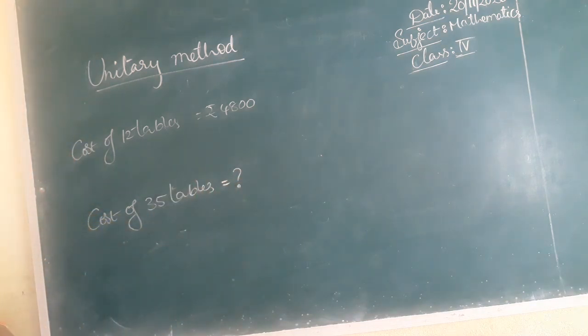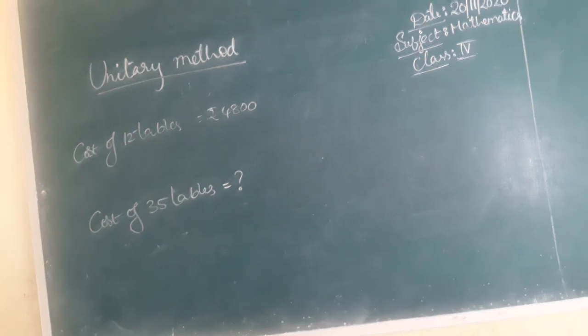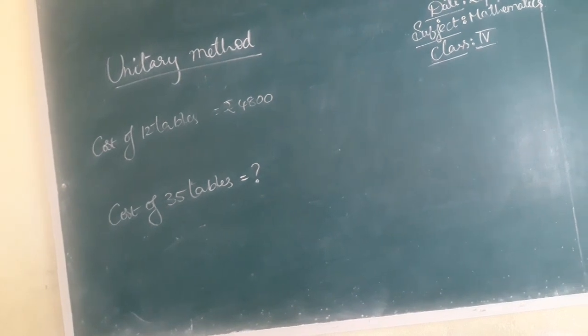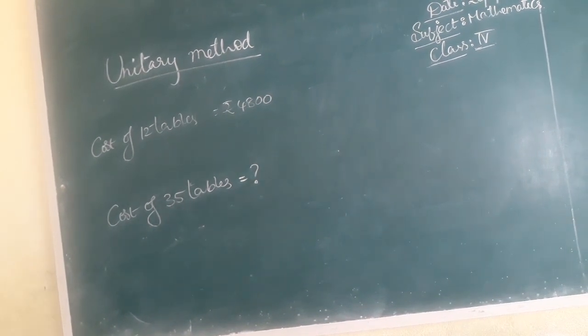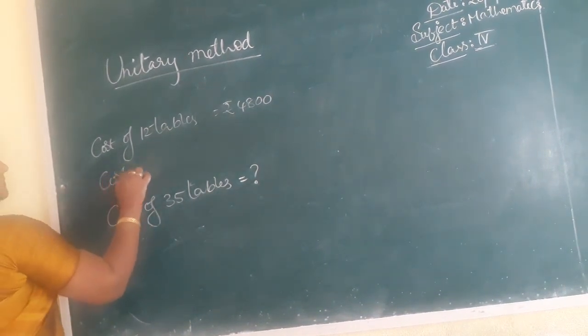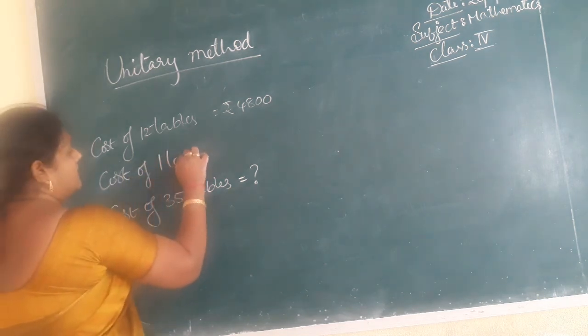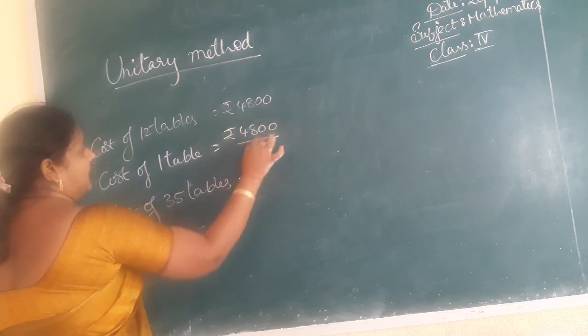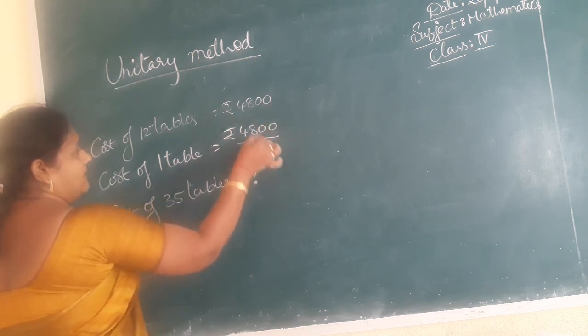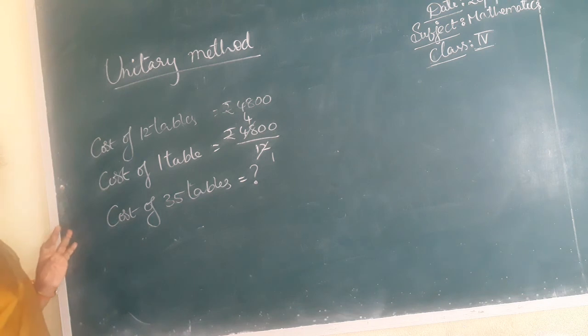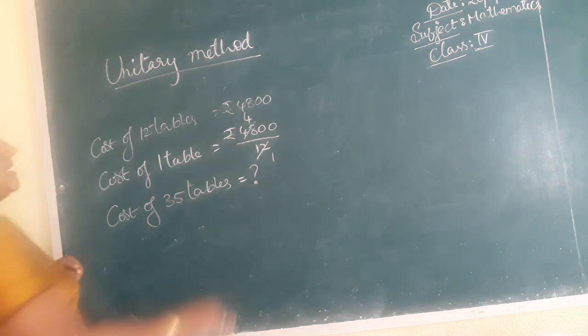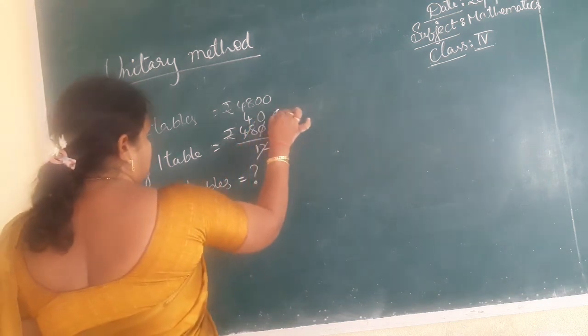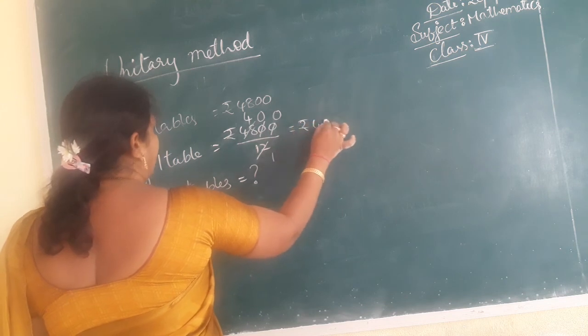What question did they give? First you have to find the cost of one table. So the cost of one table is 4,800 rupees by 12. So the cost of each table is 400 rupees.